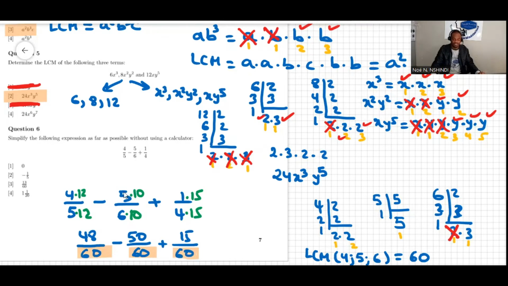When you work out fractions, you don't just say 4 minus 5 plus 1 like that. The denominator must be common. Once you have a common denominator, then we can say 48 minus 50 plus 15. 48 minus 50 is -2, and -2 plus 15 is positive 13. So here it's going to be 13 over 60. So the correct answer is alternative 3.